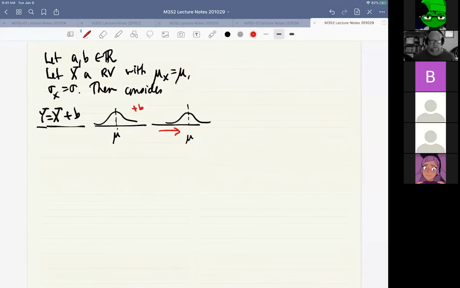Well, that shifted my distribution up by B, if B is positive. So what does that do to my mean? Well, it just shifts it. So the mean of my new random variable, that is the mean of X plus B, is the original mean plus B. So this is something that I want you to recognize, that there's this linear relationship with means. If you shift your distribution up, you also shift the mean up. And said that way, it's kind of obvious.